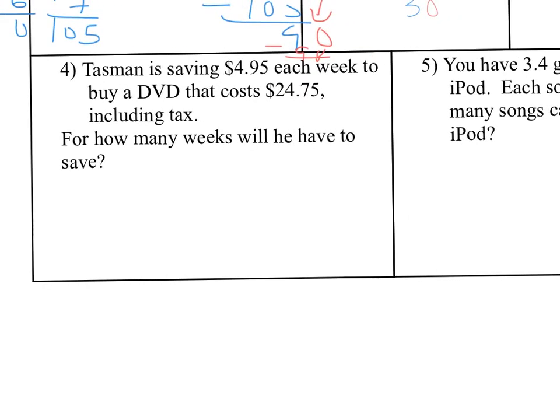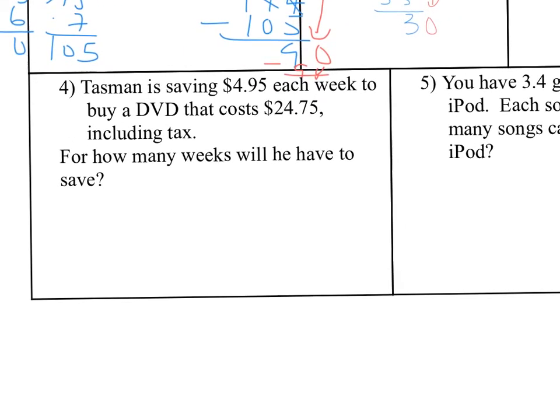All right, so Tasman is saving $4.95 each week to buy a DVD that costs $24.75, including tax. For how many weeks will he have to save? So because I have the total, $24.75, and if I save $4.95 each week, I'm going to divide. Okay, so $24.75 goes in my box, and then $4.95 goes on the outside.